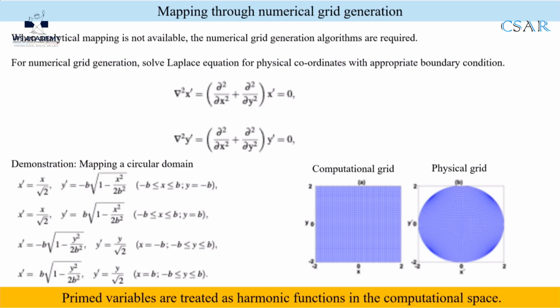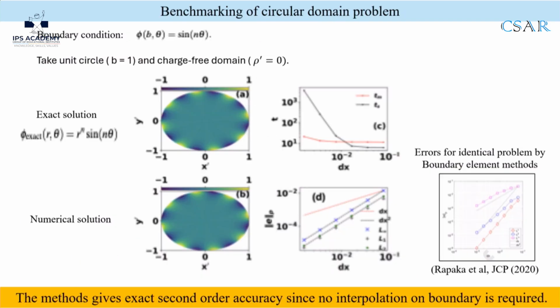For example, the lower boundary on the computational domain is mapped into a quarter of a circle, and then all four. So this is how you construct a circle. You generate a numerical grid by solving the Laplace equation. Once you generate a numerical grid, you do the same thing: you compute the Jacobian, and then you solve this problem.